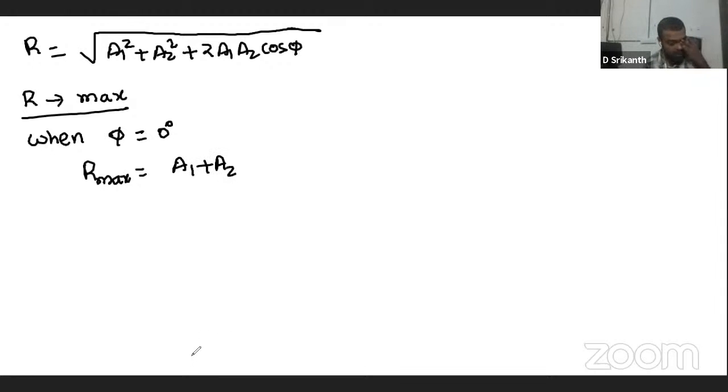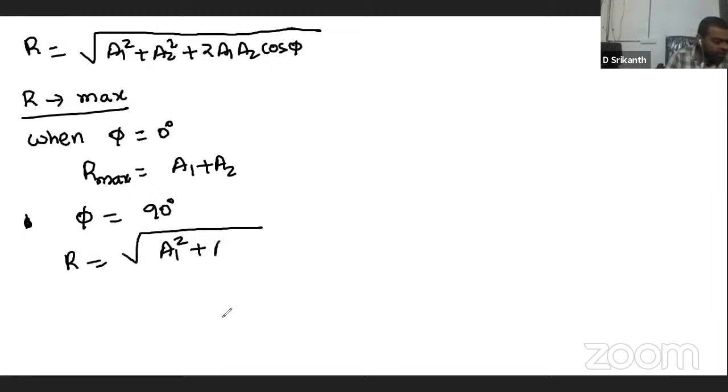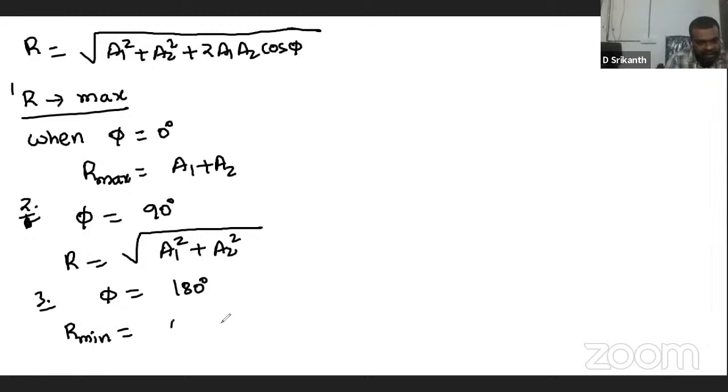Now when phi is equal to 90 degrees, then resultant amplitude will be under root a1 square plus a2 square, right? When phi is equal to 180, that is minimum value of cos phi, it is minus 1. So resultant amplitude will get minimum, that is a1 minus a2, right?